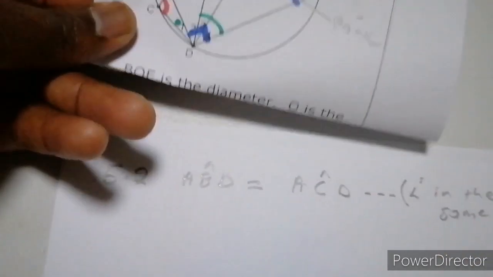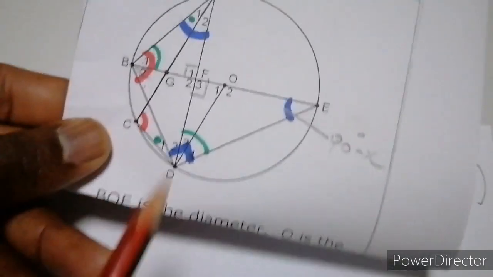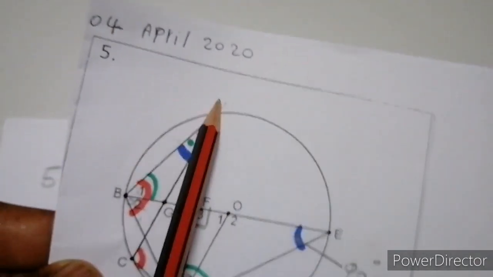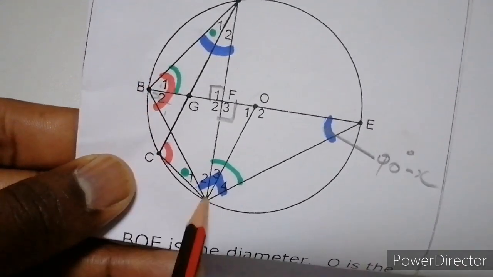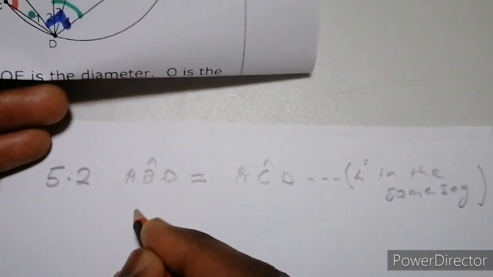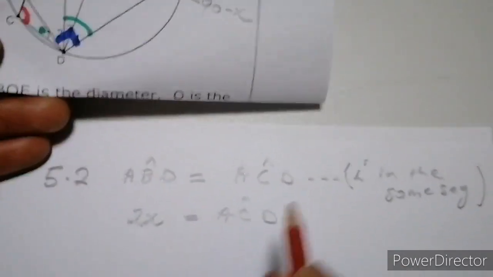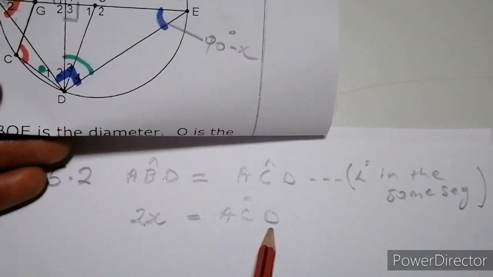Angles in the same segment. Angle ABD is equal to 2x. Then we are done.